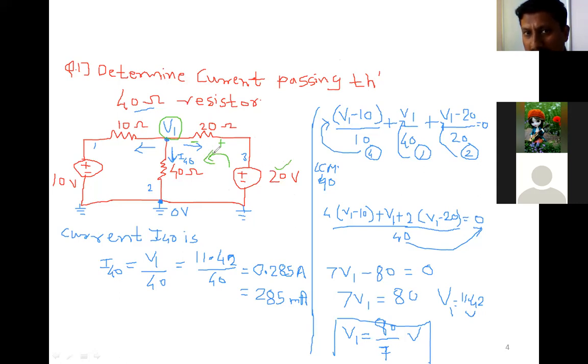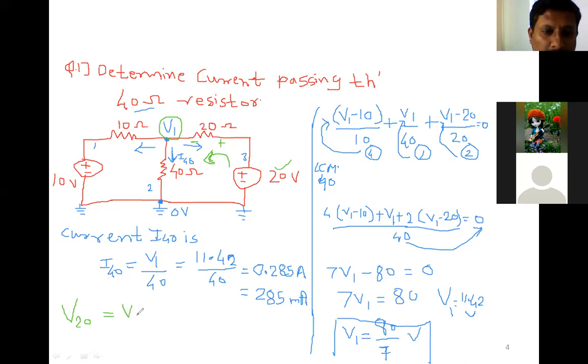So the current direction will be this, this is the correct one. Okay, we are not interested in that. The voltage across 20 ohm, that is V20, is equal to what? Either you can take 20 minus V1 or V1 minus 20. I require the magnitude or voltage value.